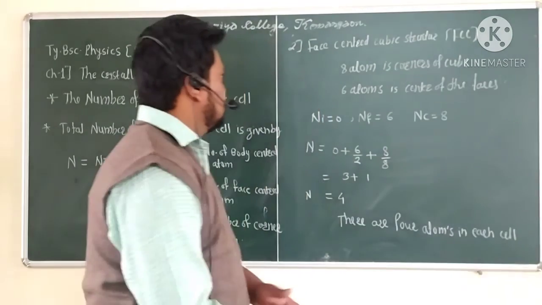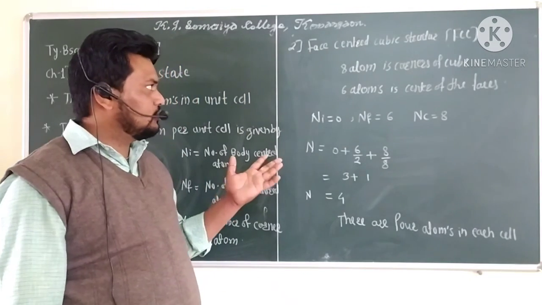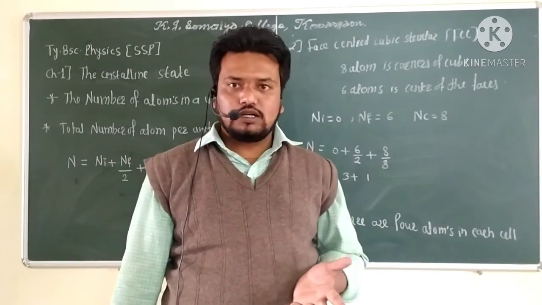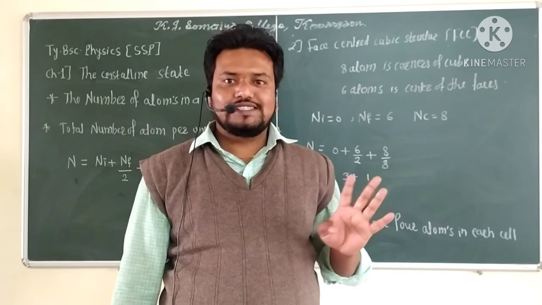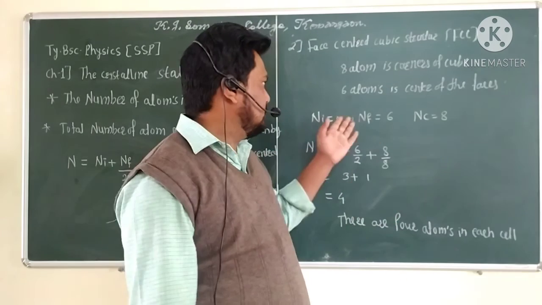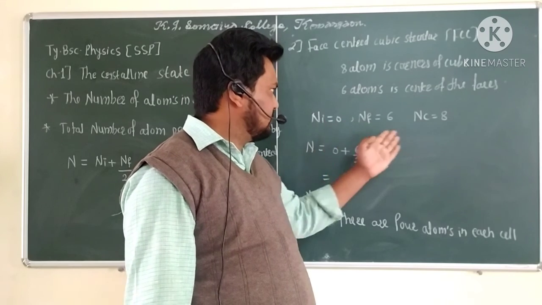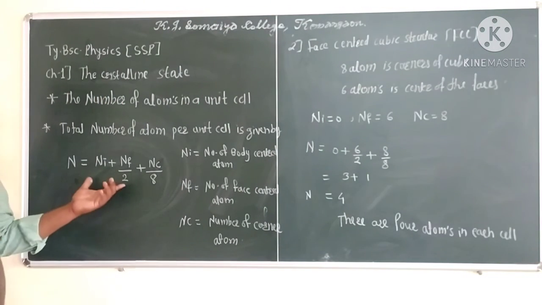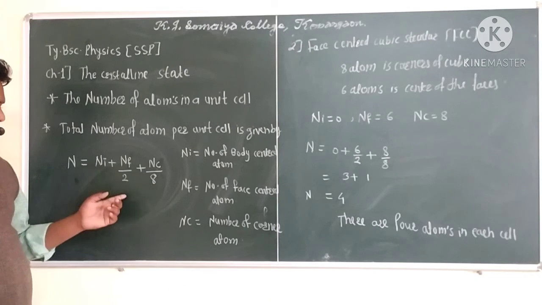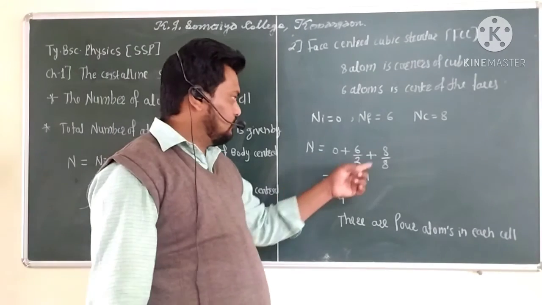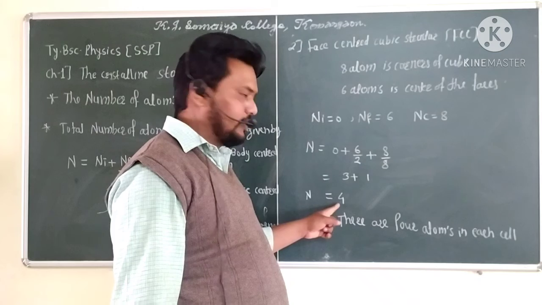Now, this is the face centered cubic structure. We have 8 atoms at the corners and 6 atoms at the center of the faces. So here Ni value is 0, Nf is 6, Nc is equal to 8. According to the formula N is equal to Ni plus Nf by 2 plus Nc by 8, that is 6 by 2 plus 8 by 8, which gives 4.